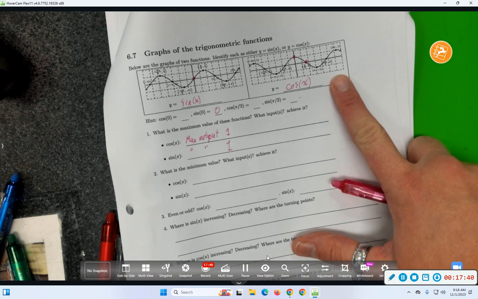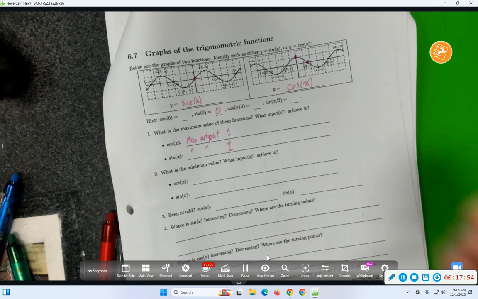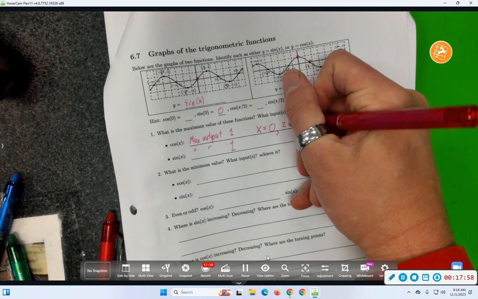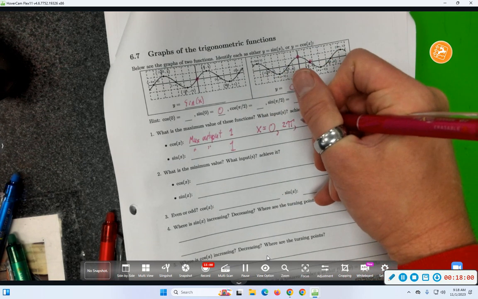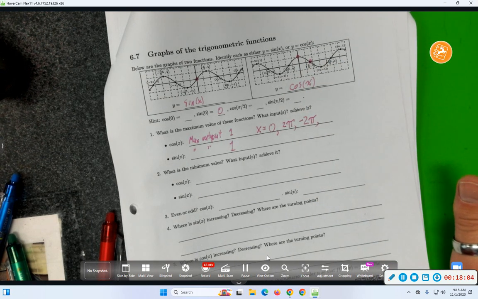What are some inputs that result in a cosine of 1? Yeah, 0 is definitely one of them. Is there another? 2 pi. Is there another? Negative 2 pi. And I guess those are all the ones that you see on this picture.